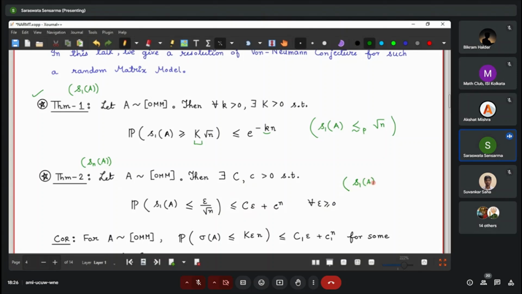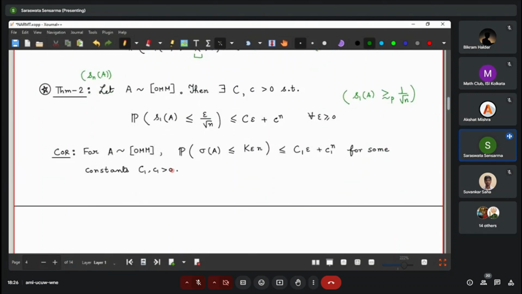its sigma n of A is larger than or equal to 1 over square root n. So the smallest singular value is of the order of 1 over square root n, and the largest singular value is of the order of square root n. And as a corollary of both of these theorems, we would immediately get bounds on what we wanted, the condition number. Sorry, yeah, this should be Sn.